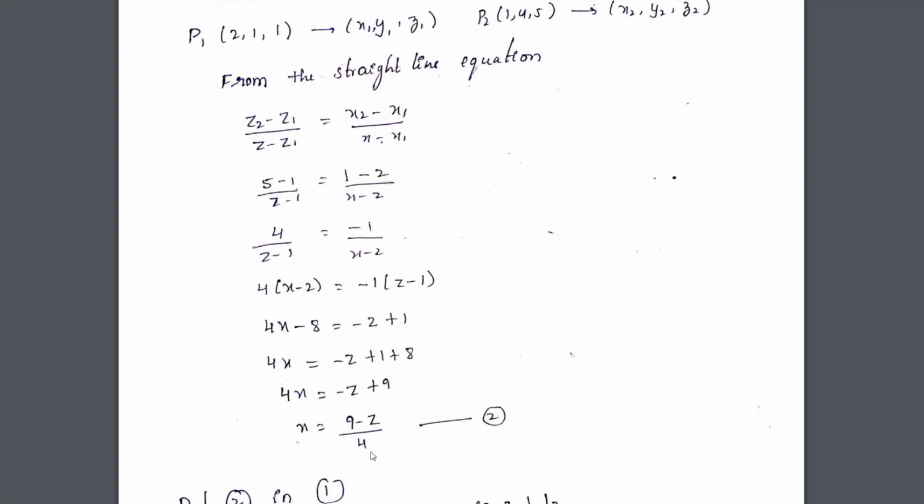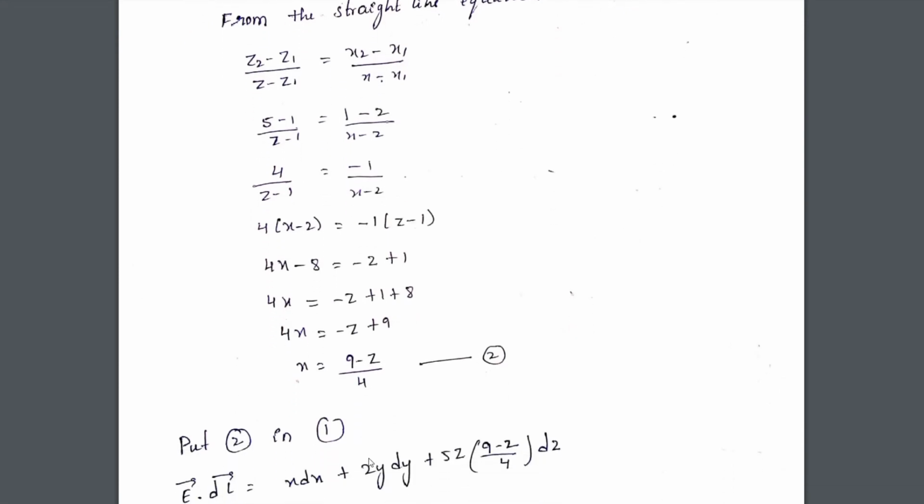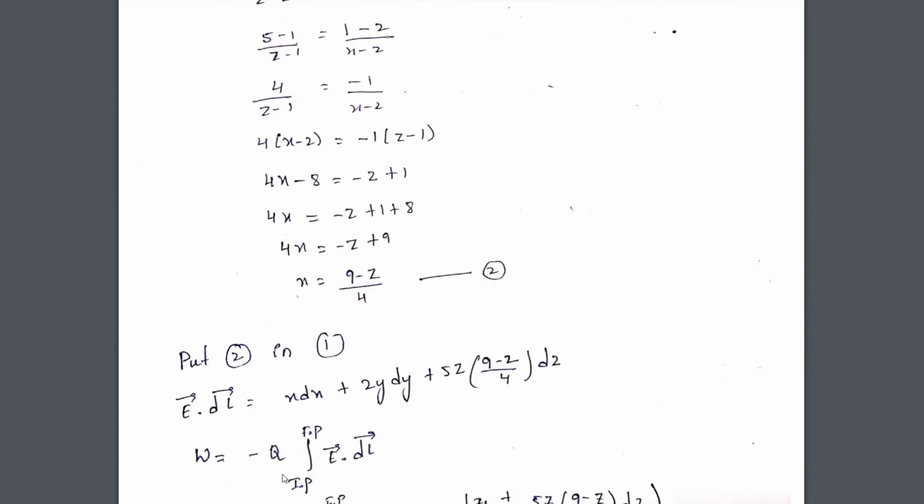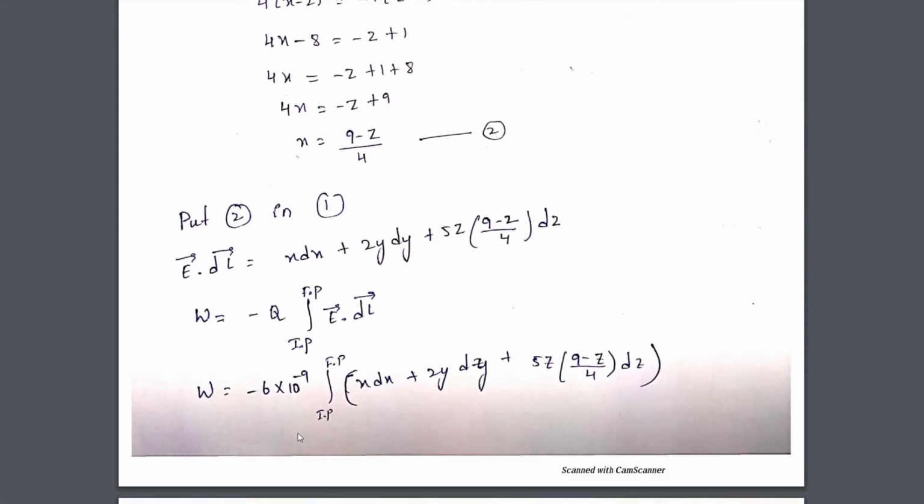After calculating this, you need to put 2 in 1. So substitute the x value, equation 2, in equation 1. So what happens here? E dot dl becomes separate terms like this. First is having only what variable? X variable, so you can integrate directly. Second is having only y, you can integrate with respect to y. Third, now all that is converted to z, now you can integrate.